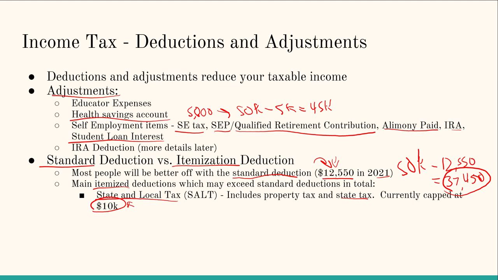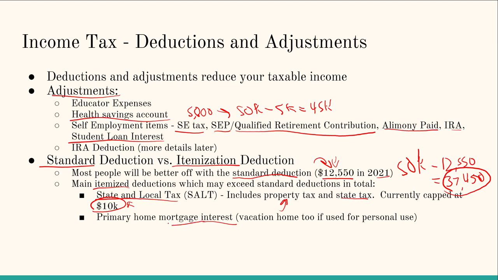Okay, so now let's go back to the other itemized deductions that are common. Primary home mortgage interest is kind of related. If you have a large property tax bill, you're also likely going to have a lot of mortgage interest that you pay. So the mortgage interest is also something that you can itemize as a deduction.